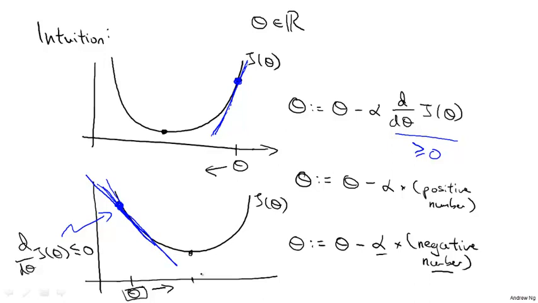Finally, hopefully this picture also helps give some intuition about the choice of the learning rate alpha, and why choosing this learning rate can affect our algorithm. In particular, alpha, the learning rate, controls the step size. It controls how big a step we take on this horizontal axis, on this theta space.